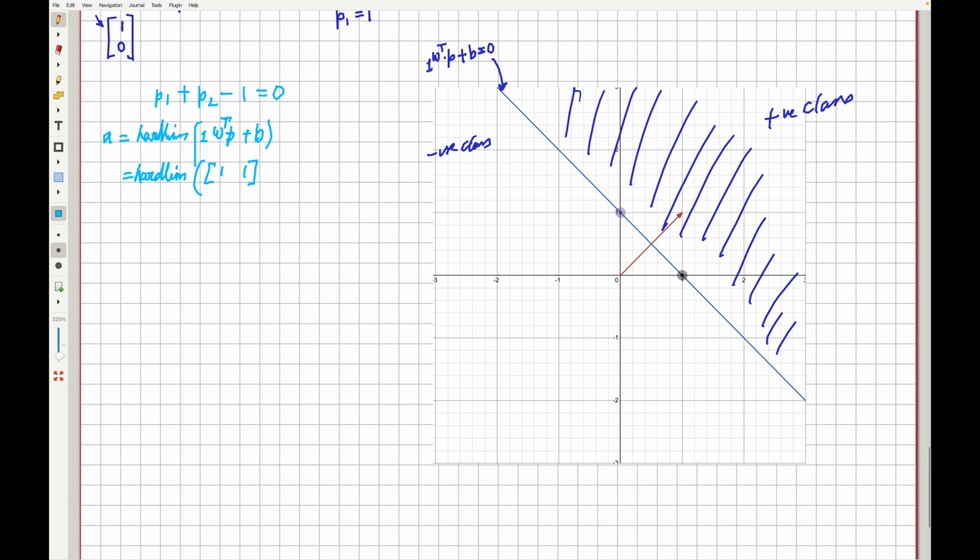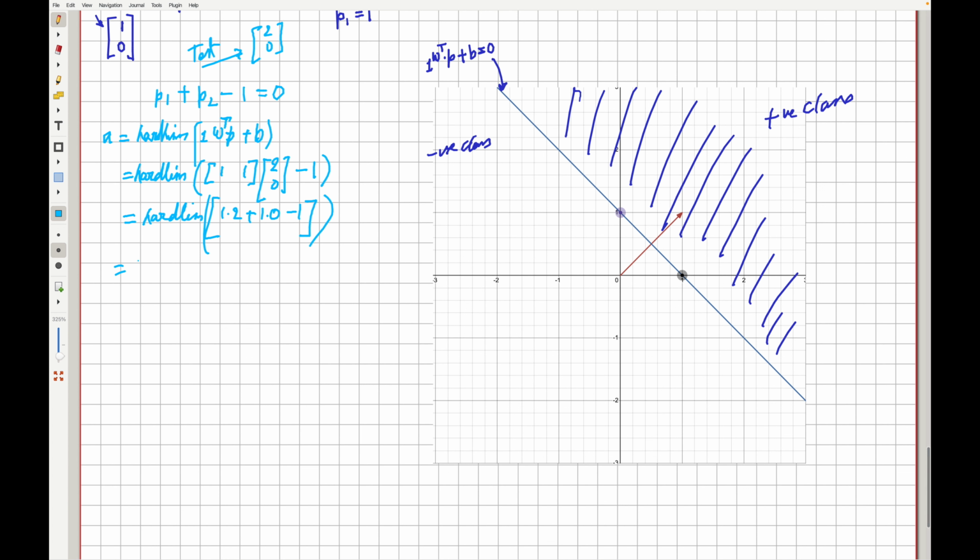1 1, that's the value for the weight vector, and then the test data point we are going to check is 2 0, where p1 is 2 and p2 is 0. We already have bias as -1, so this gets us 1 times 2 plus 1 times 0 minus 1.